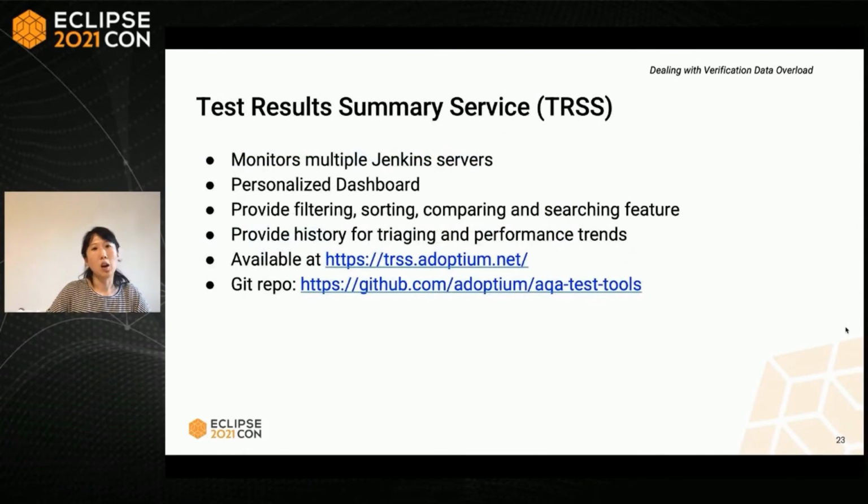TRSS monitors multiple CI servers, and it also provides filtering, sorting, comparing, and searching features. It also gives us the history for triaging and performance trends. All those features are purposely added so we can remove the noise for the people who triage in the build, so they can get to the root cause quickly.